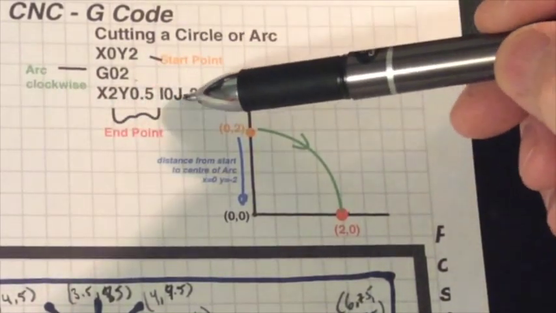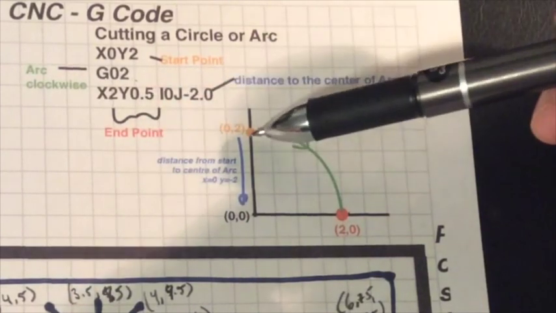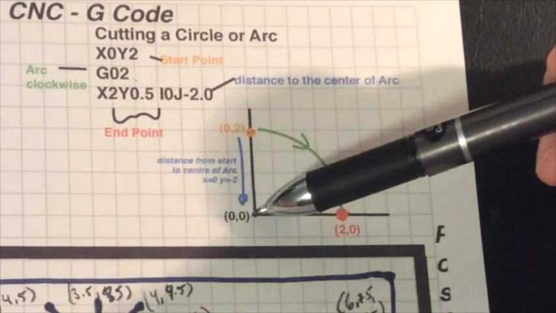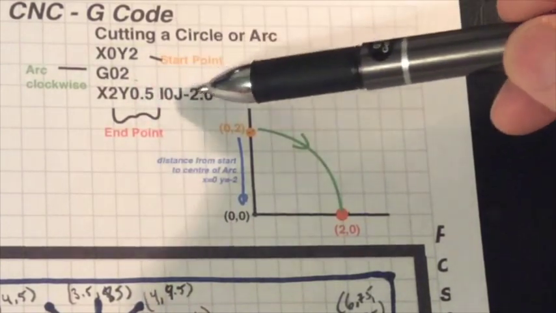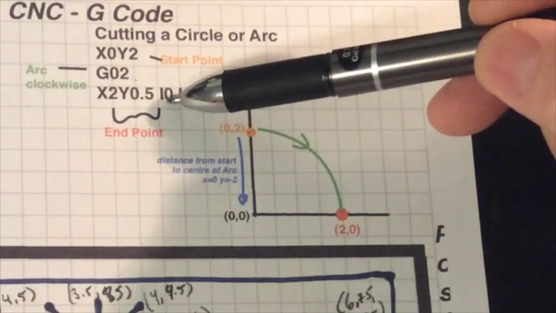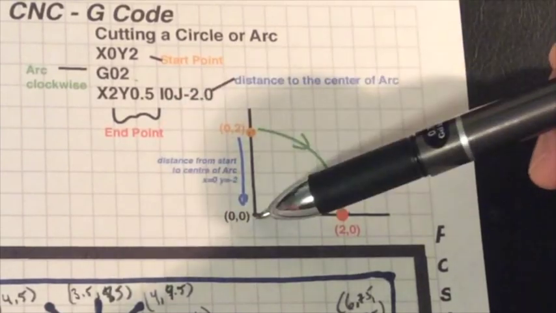I use an I and J, and I say, what is the distance from the starting point to the center of the arc, which is 0, 0, and that is in the I and J. So in this case, the difference is a difference in the X of 0 and the Y of minus 2.